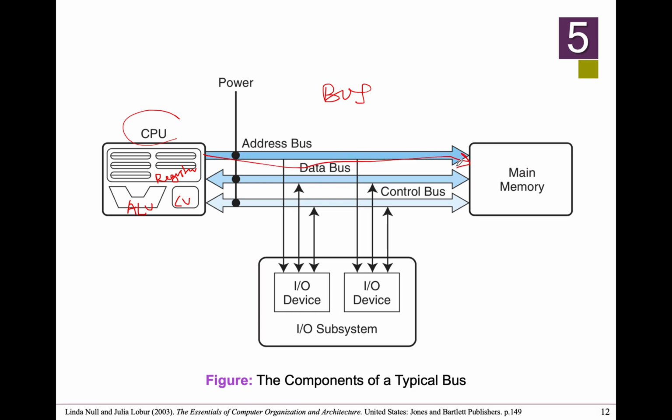The address bus goes out only, directly to your main memory, but the data bus and control bus are interconnected, with correlation between the CPU and your main memory.